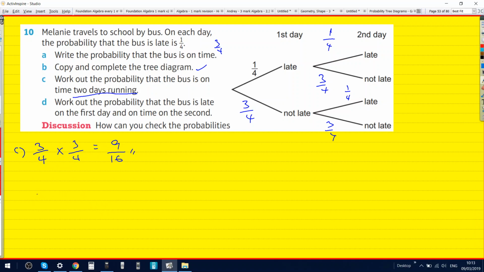And D. Work out the probability that the bus is late on the first day and on time on the second day. Late on the first day is 1/4, and you got to times that by on time. So it'd be 1/4 times 3/4. So that would be 3 over 16. That's it.